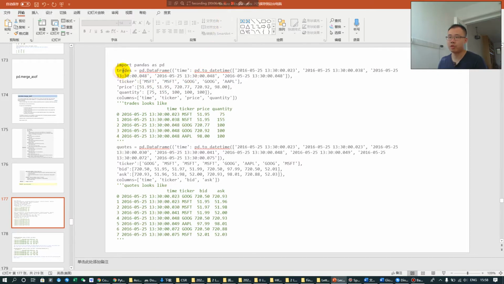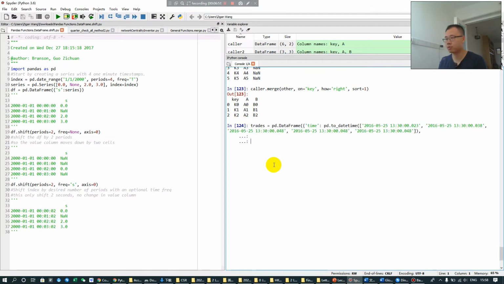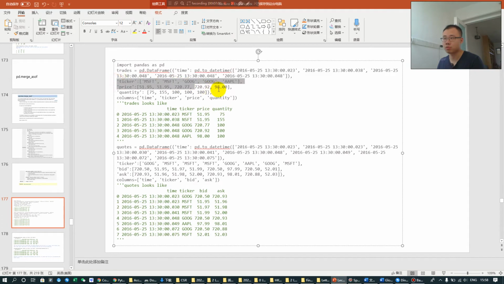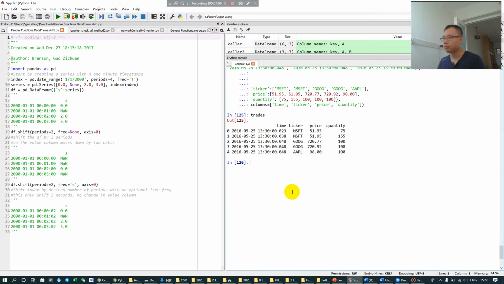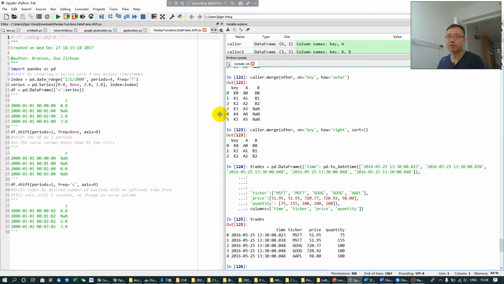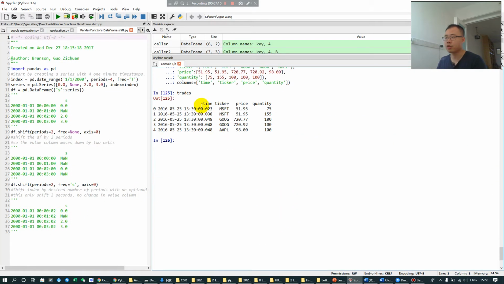Think about this data frame, trades. This data frame has 4 variables and 5 observations.